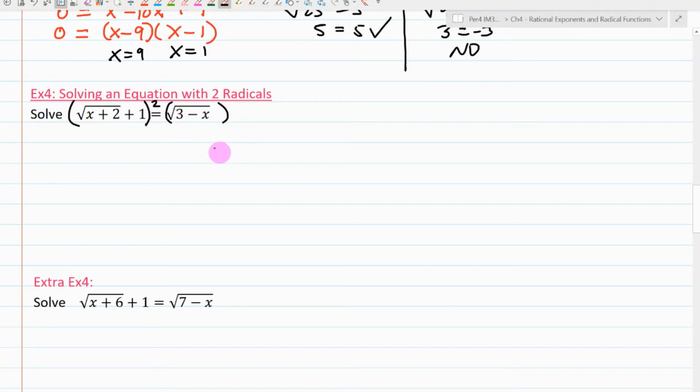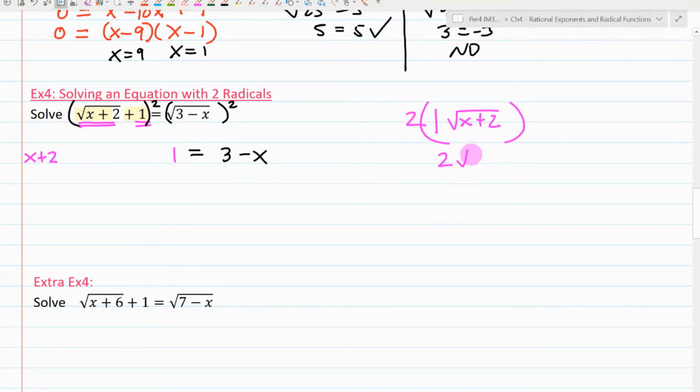Now, on this side, it's easy. It's 3 minus x. They cancel, okay? On this side, we still have to square this one, square this one, and then we have to multiply these two together and double it. So we're multiplying 1 times the square root of x plus 2, and then we have to double that.